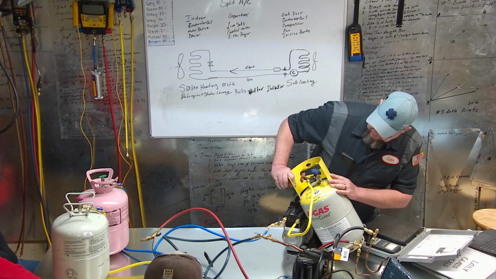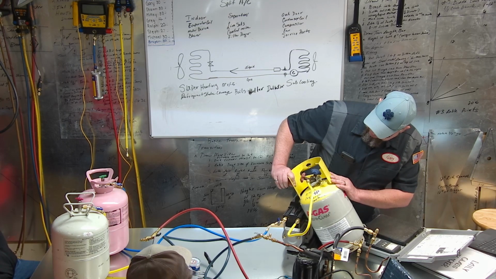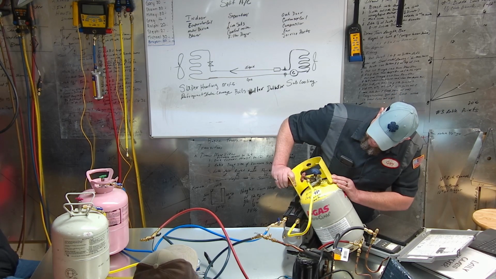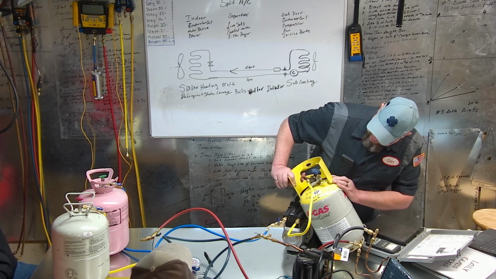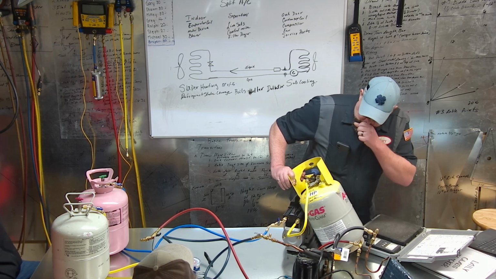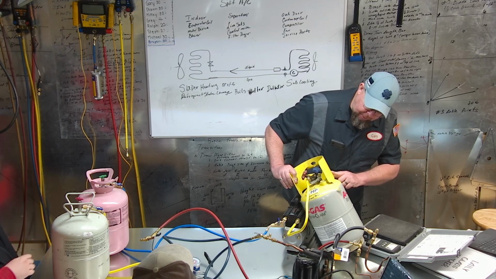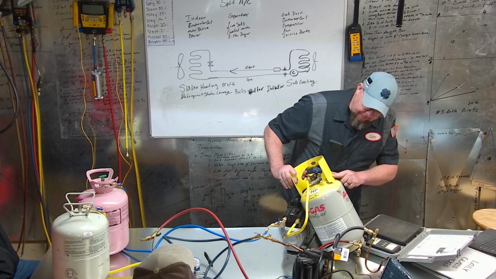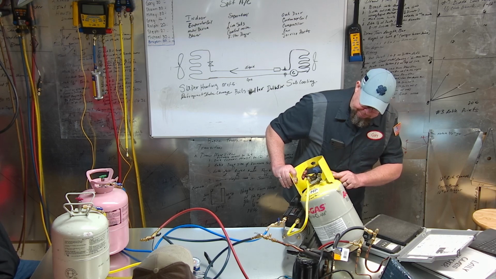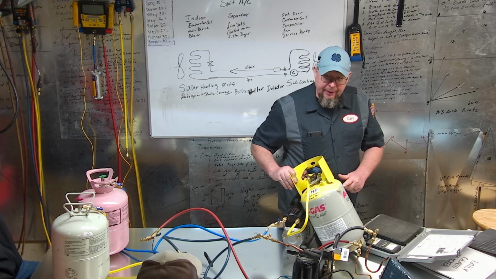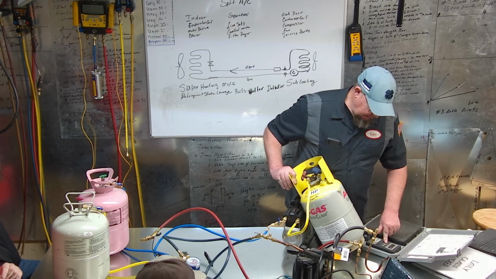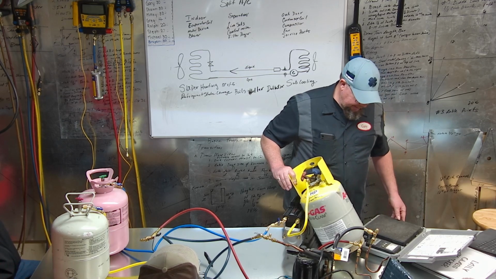And that total weight right there, total weight 16.4 pounds. So this should be able to hold 16.4 pounds, and you should be able to recover into it 26.2 pounds. So this is a 10-pound tank. And you can find that information on the side.